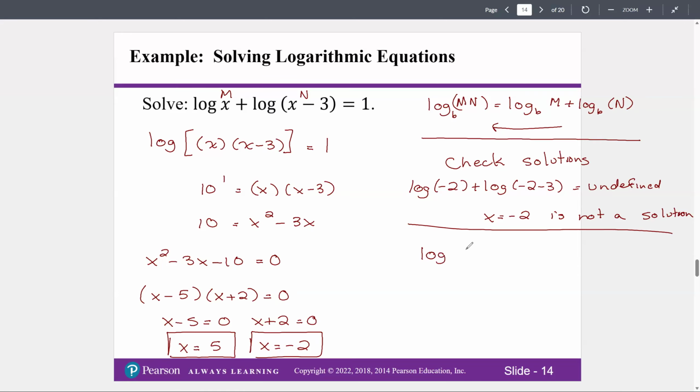However, if we do log of 5 plus log of 5 minus 3, we should get, just double check that, log of 5 plus log of 5 minus 3 should give you exactly 1.